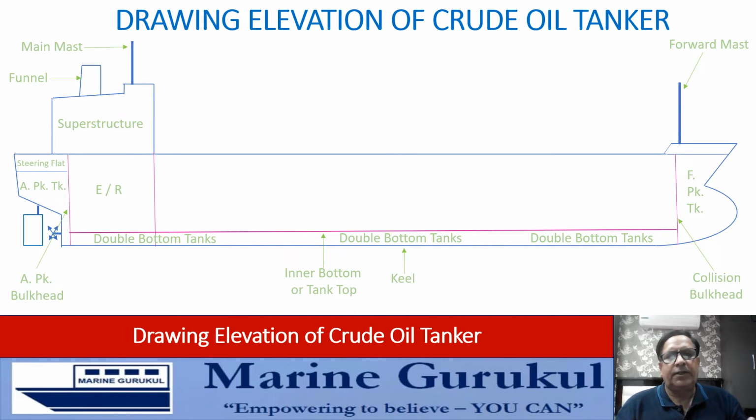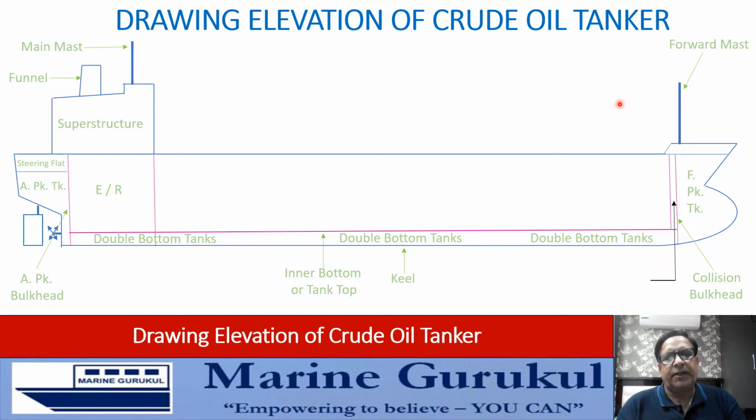Now what we have done is whatever was common has been drawn, labeled, and that labeling has now been put in the background so that we can focus on the labeling that will be more or less exclusive to a crude oil tanker or an oil tanker. Now, like the general cargo ship, there would be a void space separating the cargo spaces from the forepeak tank.